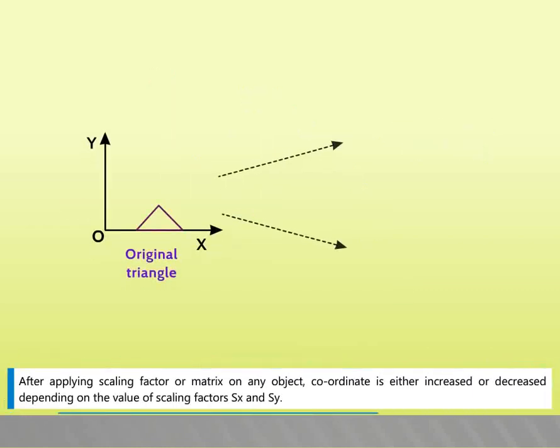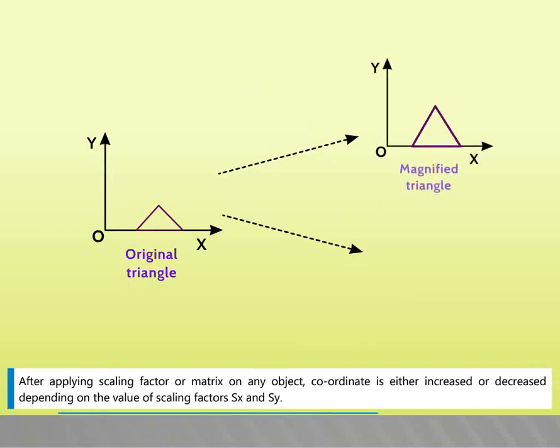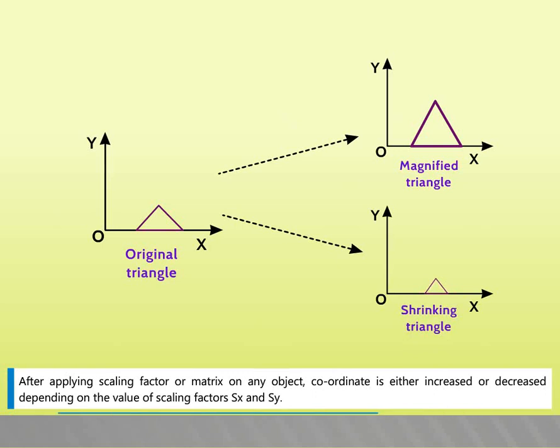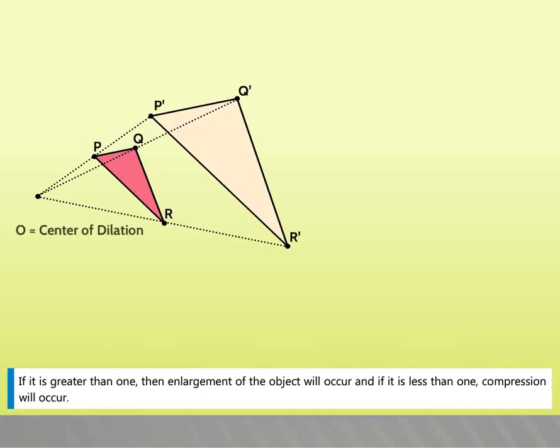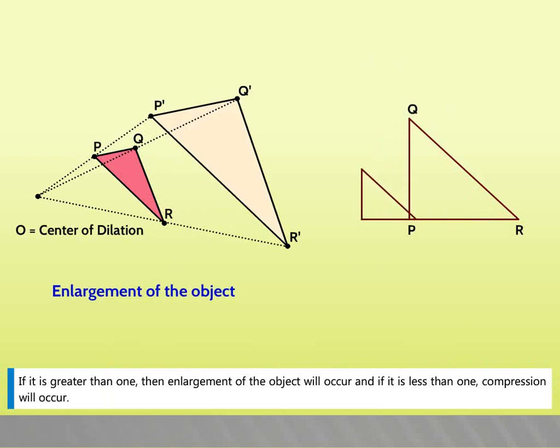After applying scaling factor or matrix on any object, the coordinates are either increased or decreased depending on the value of scaling factors Sx and Sy. If it is greater than 1, enlargement of the object will occur, and if it is less than 1, compression will occur.